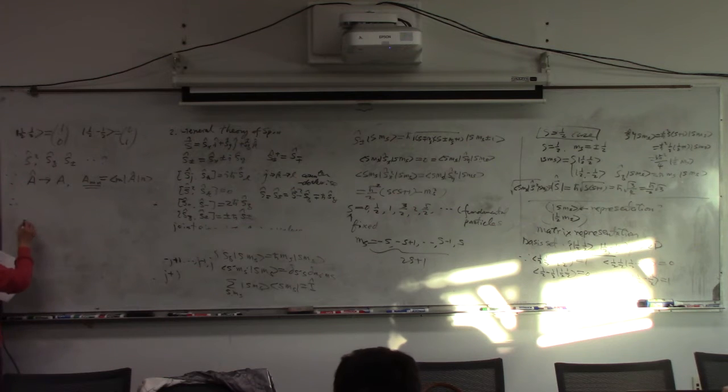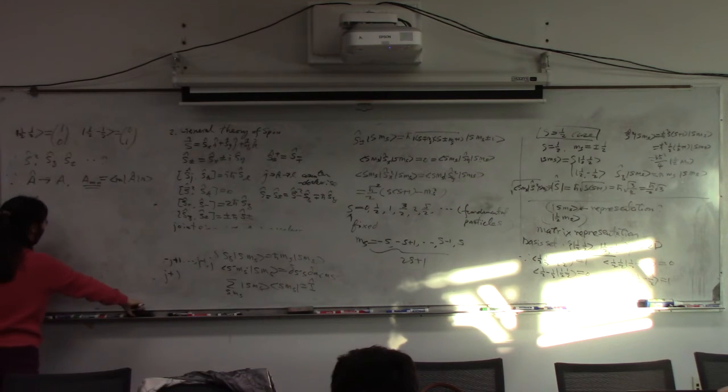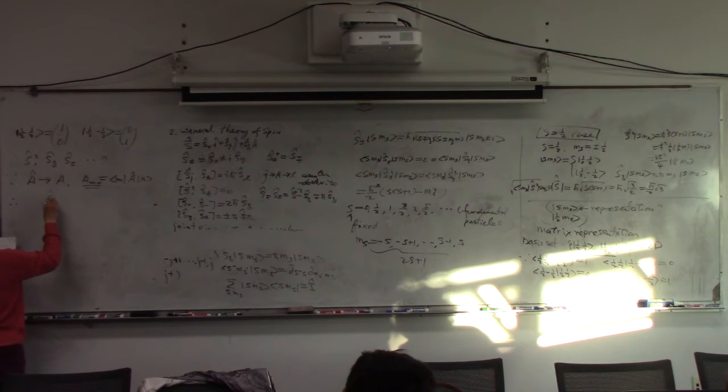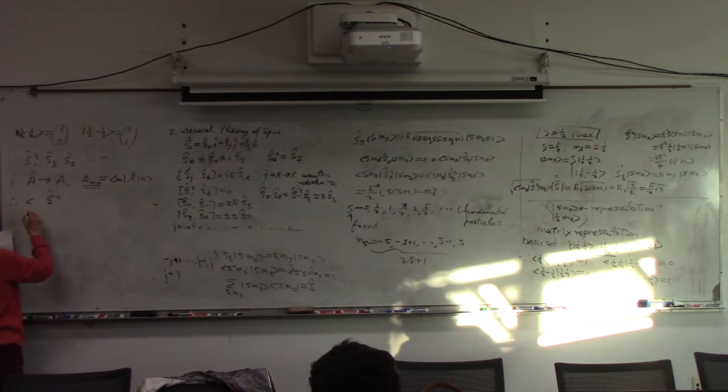So let's look at S squared, the matrix element of S squared. Now I'm going to use the general form, then we just substitute numbers very easily.